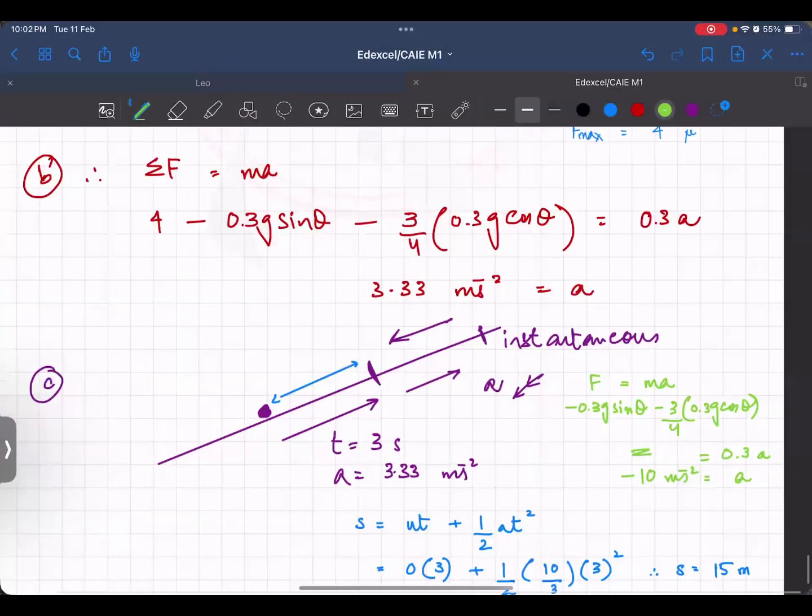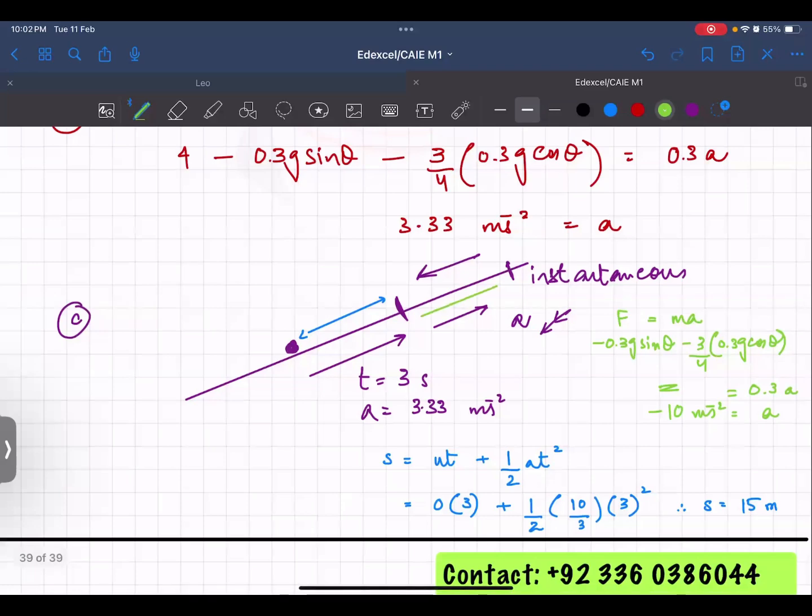So how much distance is it now traveling in this part? Velocity over here would be 0. Velocity over here, we don't know. We can find it out. V is equal to u plus at. So V is equal to 0 plus 10 over 3 times 3. So V is equal to 10. Over here, velocity is 10 meter per second.